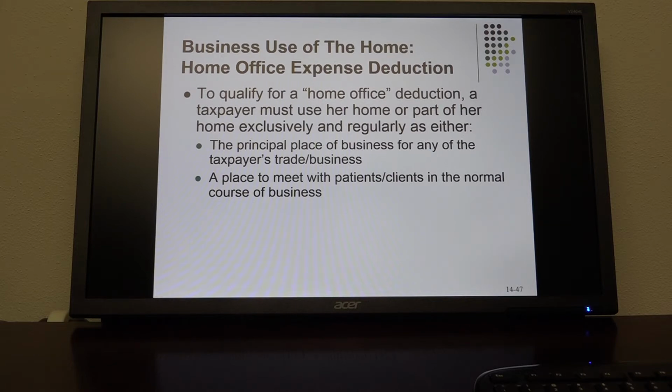The Congress has allowed a limited home office use deduction. So any expense related to your home office may be deductible, but only if you meet certain requirements.